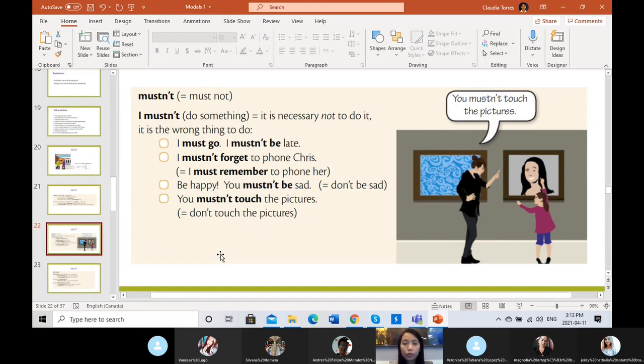And here in the picture, the mother is telling her daughter, you mustn't touch the pictures, right? So she's not allowed to do so, because the rule is not to touch the pictures.